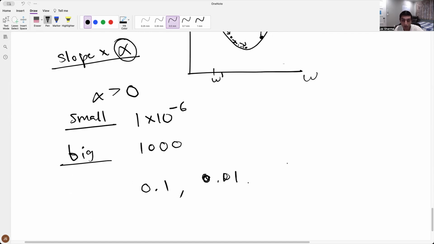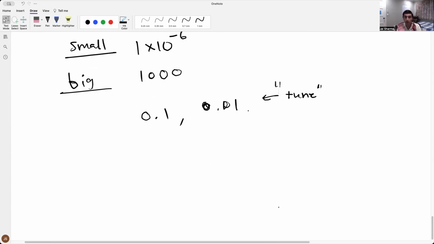And we might have to tune the value of alpha. I want to make it clear that the value of alpha itself is not learned, but it is used to influence the learning process, right? How much you update is influencing the learning process, how fast you're learning, if your learning is numerically stable or not, and all of those things.